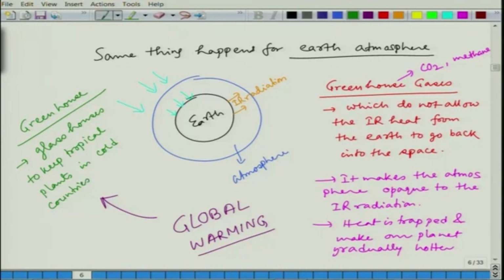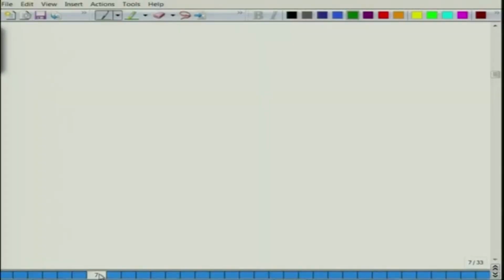In the winter, these tropical plants cannot survive the severe chilling conditions in cold countries. That is why we keep them in a glass house. And what does the glass house do? It takes the sunlight in, but does not allow the heat to go out of the glass house. That is why we get a greenhouse effect, and the same effect is obtained for the atmosphere, and we also want it, which is desirable in the case of a flat plate collector. So, let us come back to the flat plate collector.